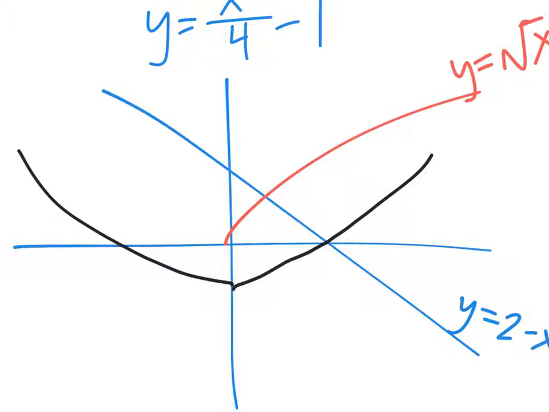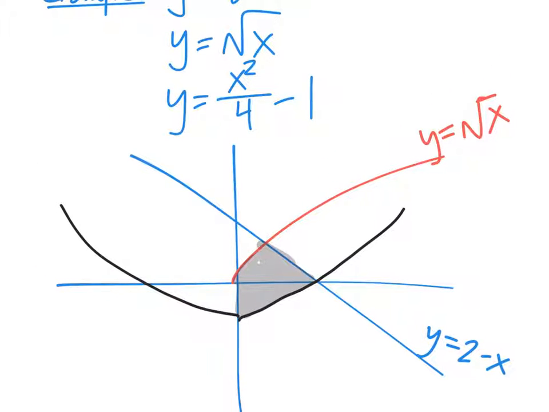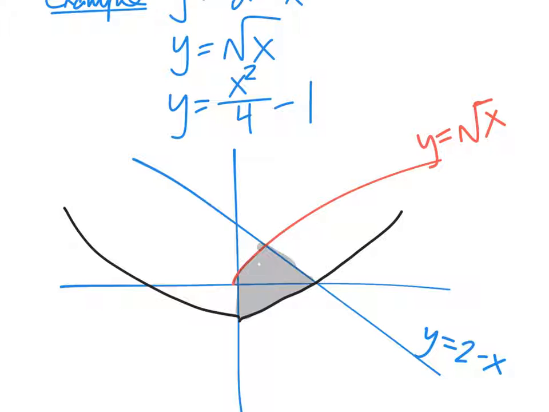Okay, so how does this curve look, and what do they want us to do? They want us to figure out the area here. Why isn't it where the black line and the red line intersect at the top?